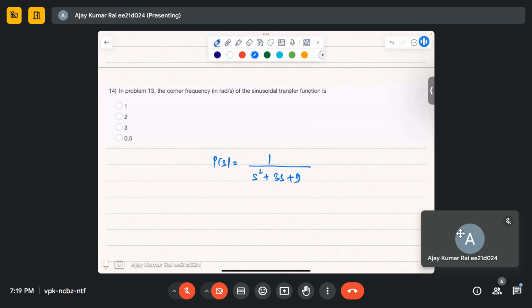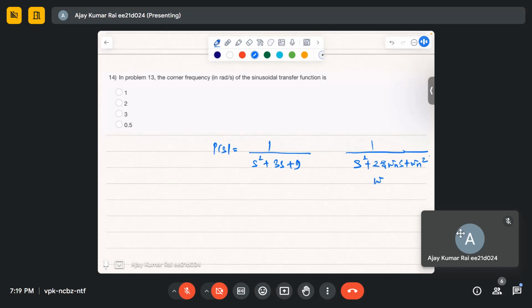Okay, so it is in this form, right? s square plus 2 zeta omega n s plus omega n square. And we have seen while studying the theory part that the corner frequency was equal to the natural frequency, right?